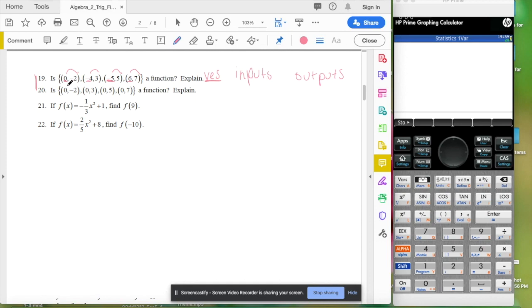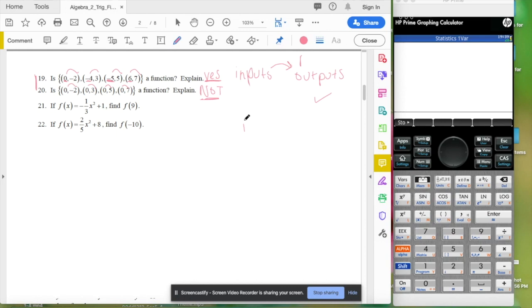Now let's look at this one. We have 0 to -2, 0 to -3, 0 to 5, and 0 to 7. So now this one, the same input has different outputs. For every input, there's one output; that is our function.